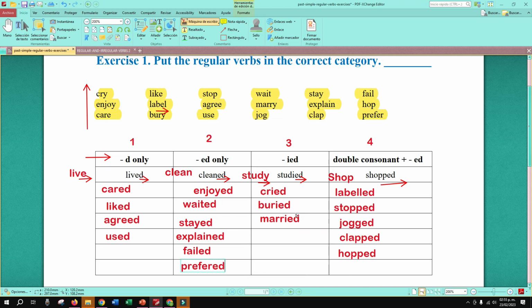And the ones that finish in Y, but they have a consonant before the Y, you're going to change the Y to I and add ED. Also, for the ones with double consonant, if you have, for example, consonant, vowel, consonant, you're going to double the last consonant and add ED, right?